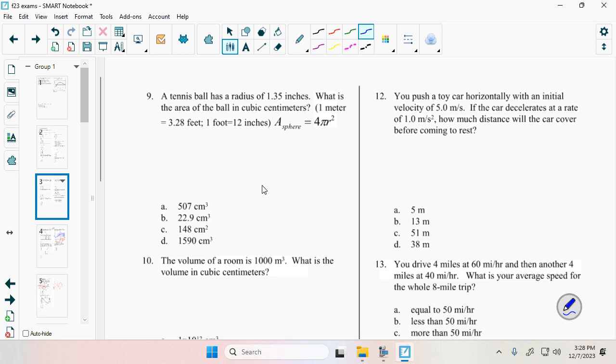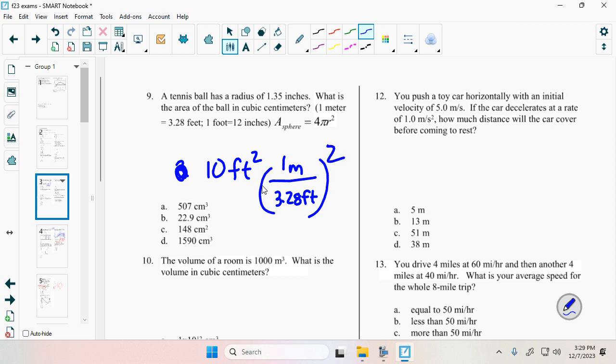So for example, if I was converting 10 feet squared to meters squared, that's not this problem, but if I was converting that, then I would say 1 meter is 3.28 feet. And then I have to square the conversion factor. So be really careful on that. Make sure you're squaring or cubing or whatever the conversion factor appropriately.